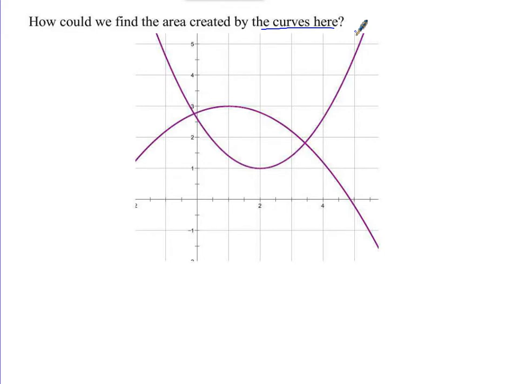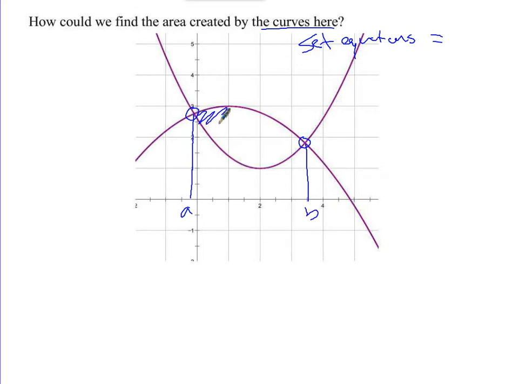We can find out where they intersect? Yes. Find out where they intersect. How do you find out where 2 curves intersect? Set the equations equal to each other. That will give me where the 2 graphs cross. All I need is the x-coordinates for that. But once I have those x-coordinates, that becomes my A, and that becomes my B.